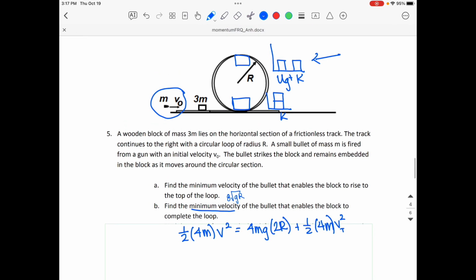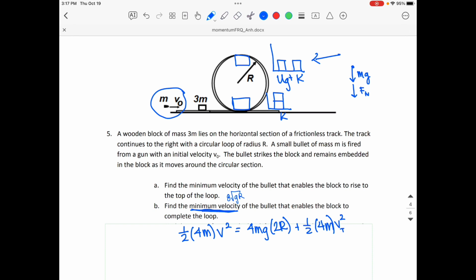To do that, I am going to use my concepts for my force unit. At the top of the ramp, I have gravitational force pulling down. I also have a surface, so I'm going to call that the normal force, but the problem is we want to find the minimum velocity.